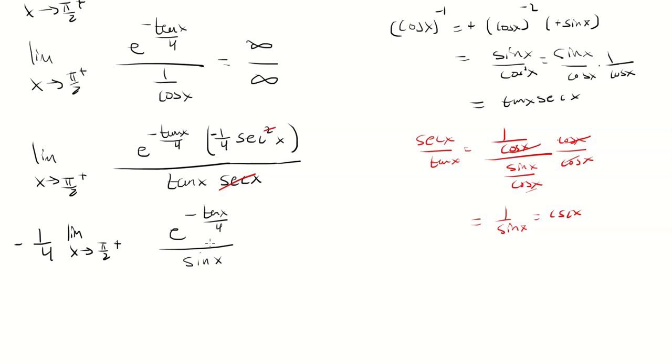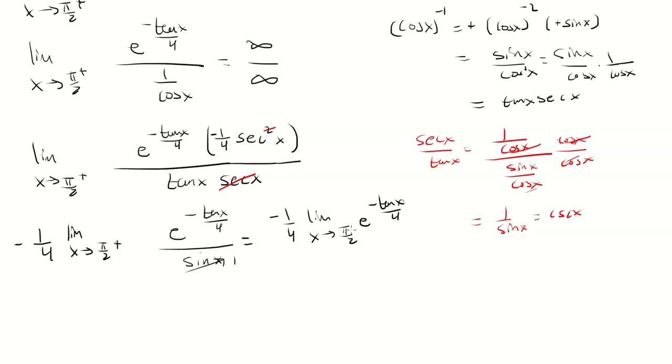Okay, so it doesn't matter if you put it on the bottom or the top. I think it's just easier to deal with sine, because as x approaches pi over 2, sine goes to 1. So you can use the quotient rule where you split this up into two separate limits. Anyway, when you do that, this goes to 1, so it's not even worth worrying about it. So we just need to worry about e to the negative tangent over 4.